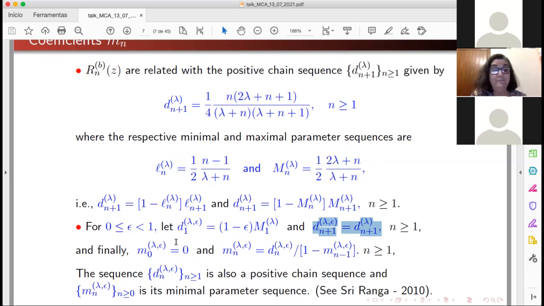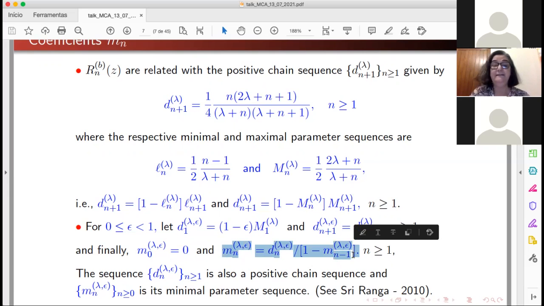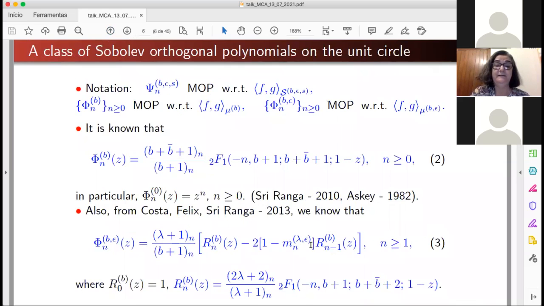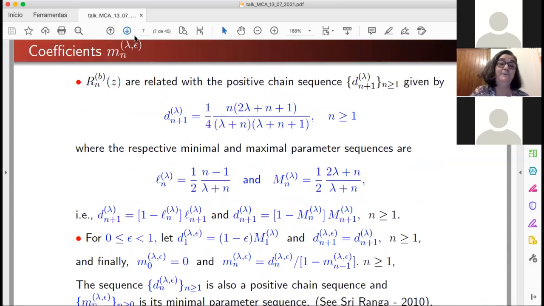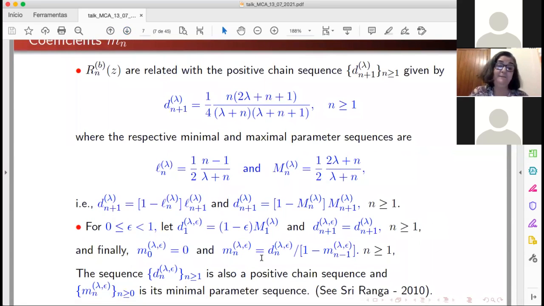He proved that the minimal parameter sequence, of course, when m0 equals 0, we are talking about the minimal parameter sequence. And the other parameters are written in this way. So the coefficient that is here is the parameter of the minimal parameter sequence given here.